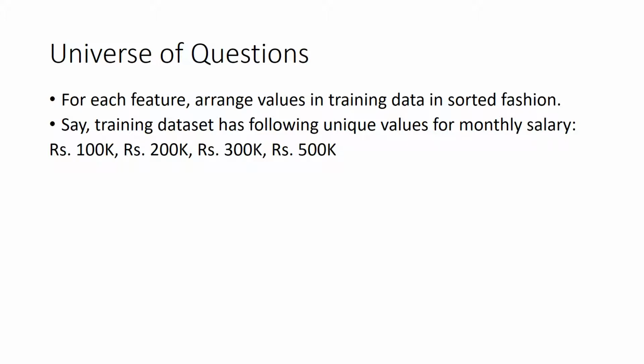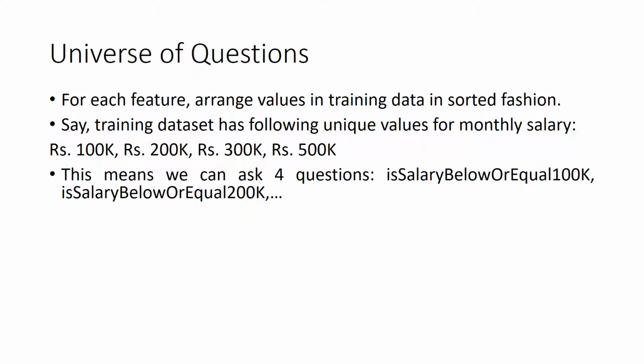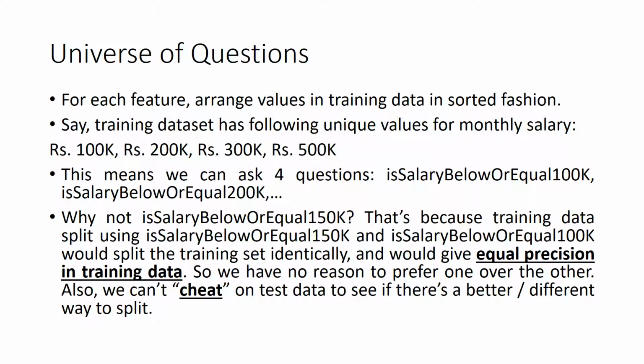The point is, you can subdivide your distribution using those splits. So we can ask questions like: is salary below or equal to 100K, is salary below or equal to 200K, etc. That's how we can divide this distribution. The question is, why not a question like is salary below or equal to 150K?